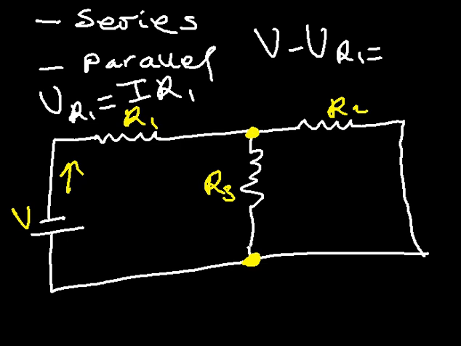I've just done this to remind you about some of the basics you have to understand for the series circuit as well as the parallel circuit, and these are said to be the simple circuits. So why are they said to be the simple circuits?